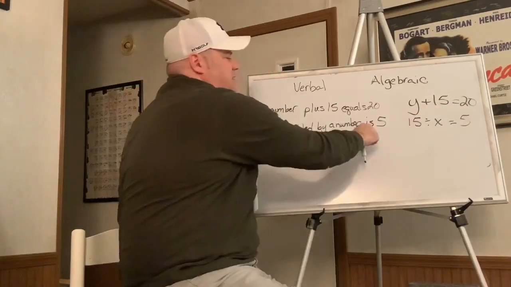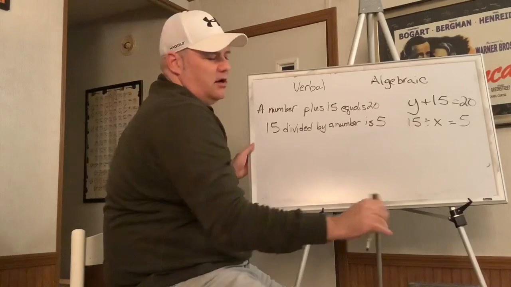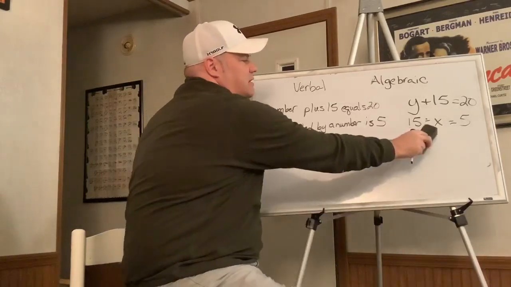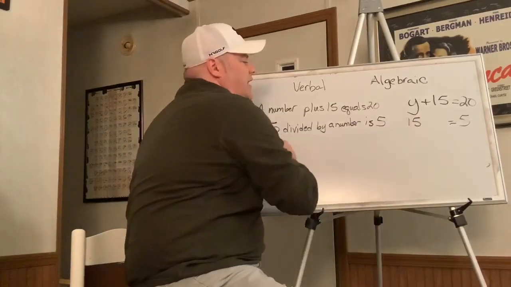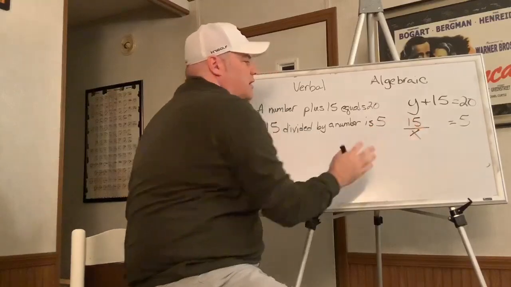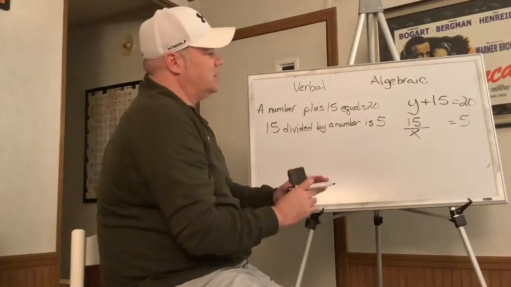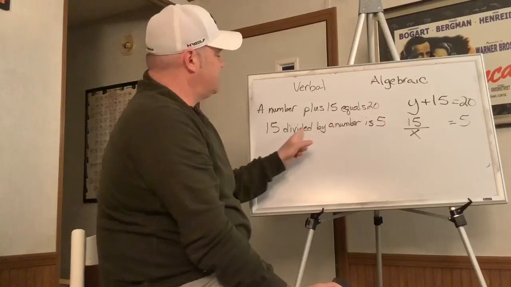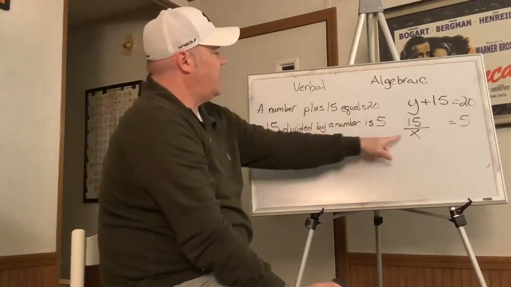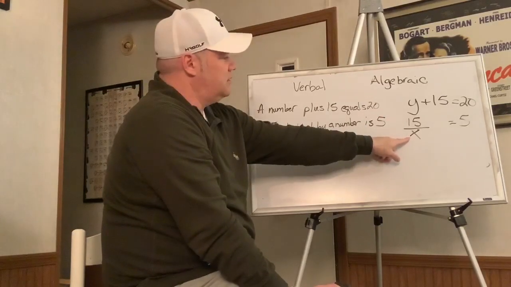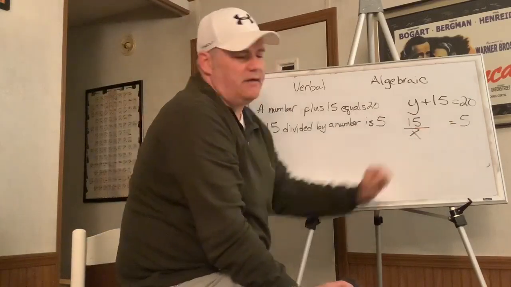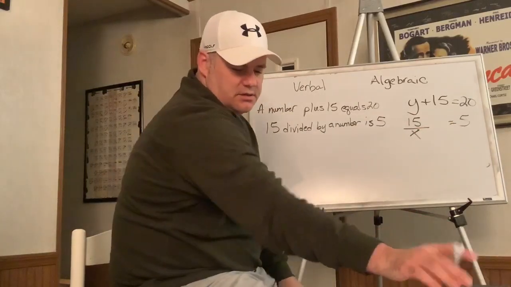What you're going to learn as you go on, most of the time when they're showing division, they're going to show a fraction. So just shorten it, abbreviate it, make it concise. So this is saying the same thing. 15 divided by a number, that's my unknown, that's my x, equals 5. Okay? Let's do another one.